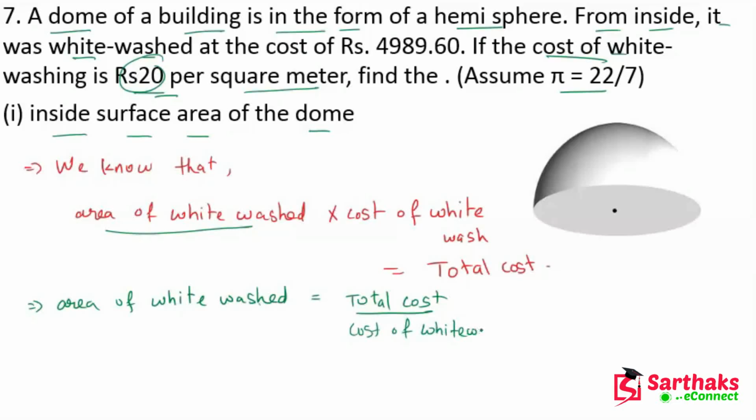So my dear friends, here total cost is 4989.60 divided by cost of whitewash, this is 20 rupees per meter square. So after solving this, we get 249.48 meter square.